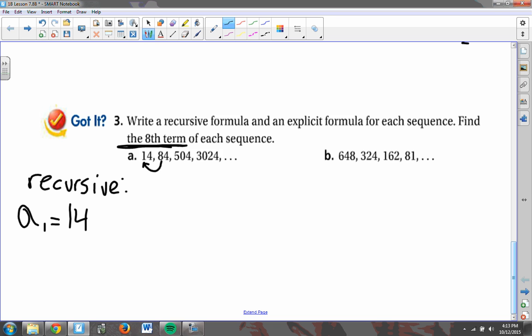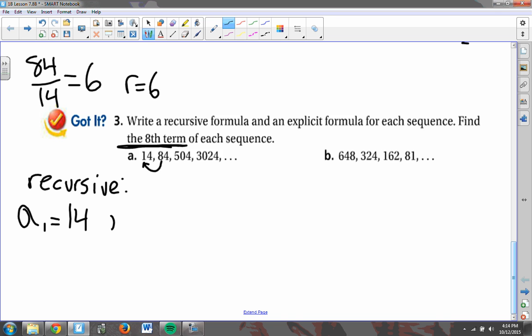Okay, we're timesing here by 6. So 84, if you want to check this on your calculator, divided by 14 is equal to 6. So my r value equals 6. So what that means is to go from one term to the next, I need to multiply by 6.